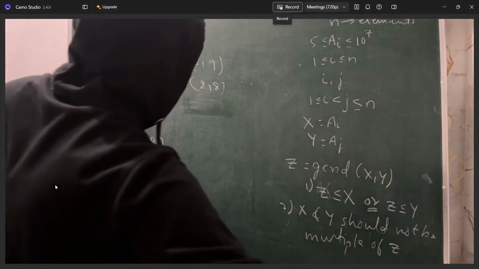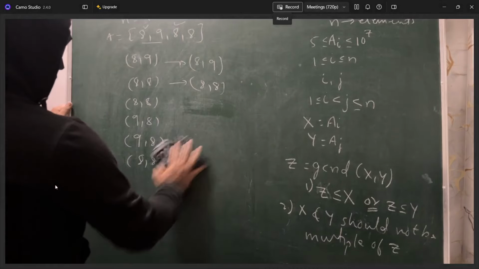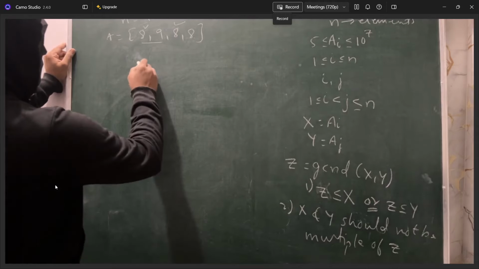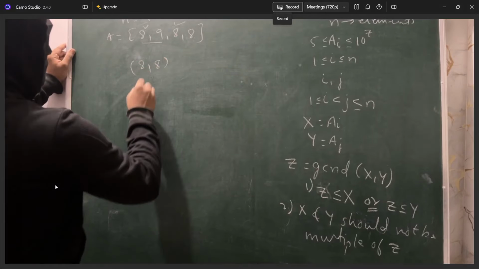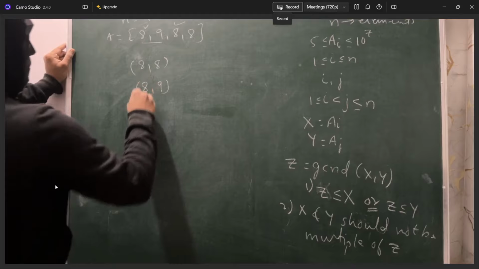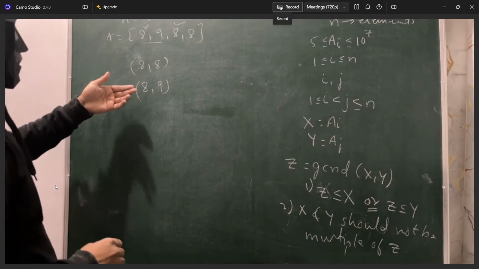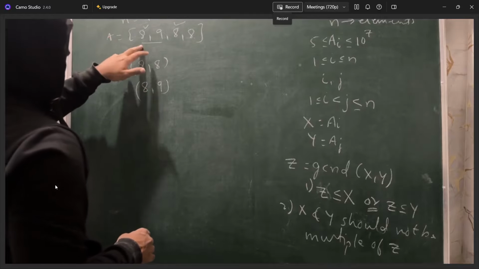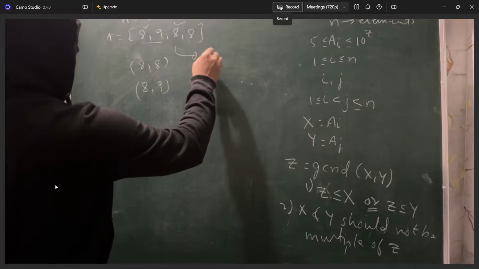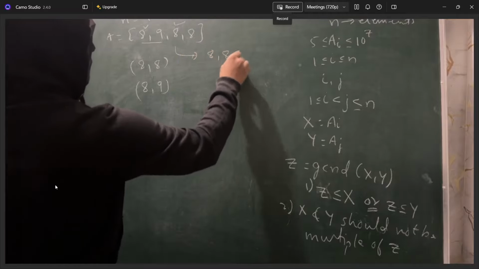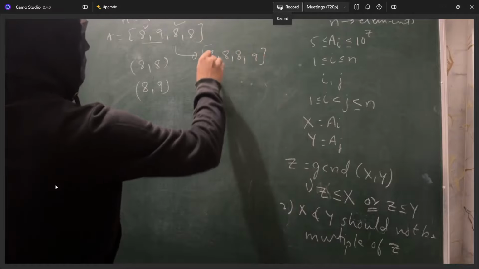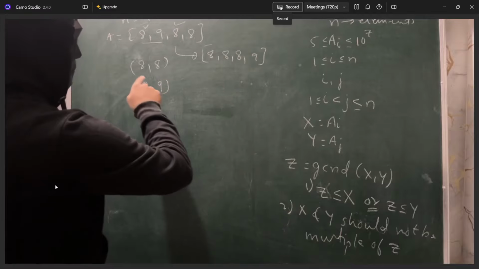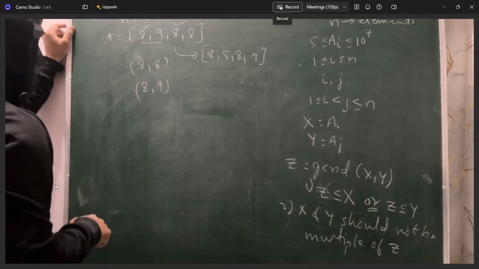So now let's try to find this GCND. You have got 8, 8 as one of the pairs and 8, 9 as the other pair. That's why I was saying, since 9, 8 and 8, 9 are both the same, I'll be sorting this array, right? When you sort this, the elements are this way, so you'll get single pairs. You'll not be confused between 8, 9 and 9, 8.